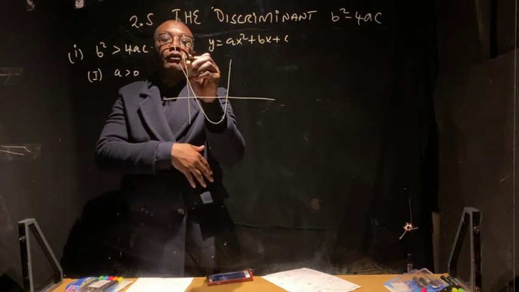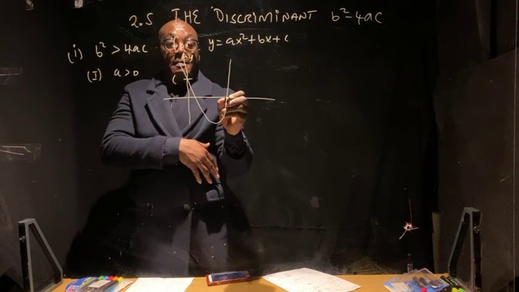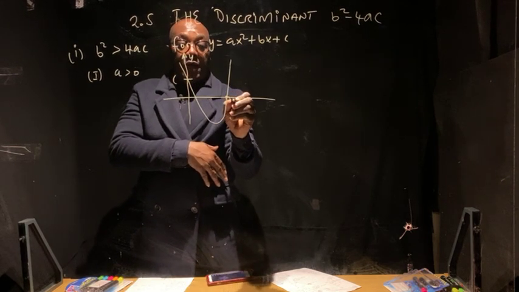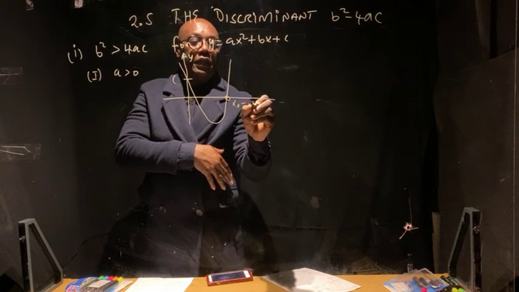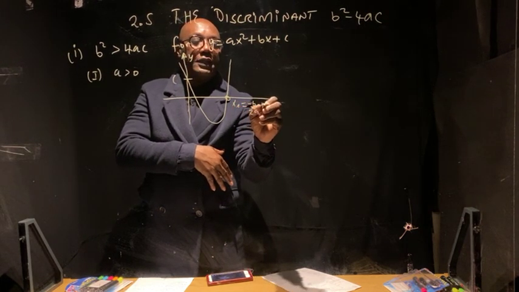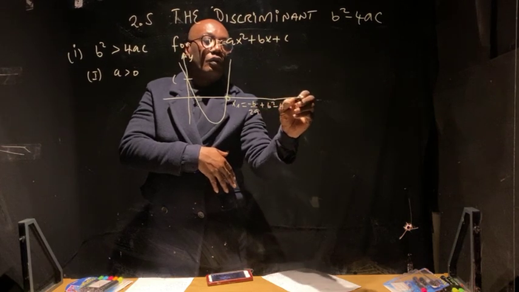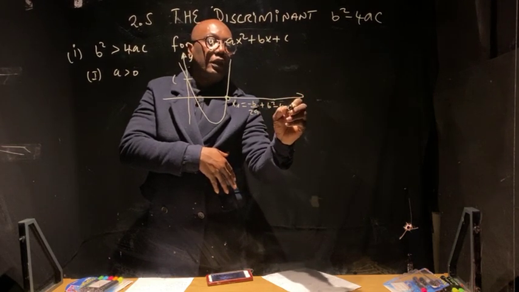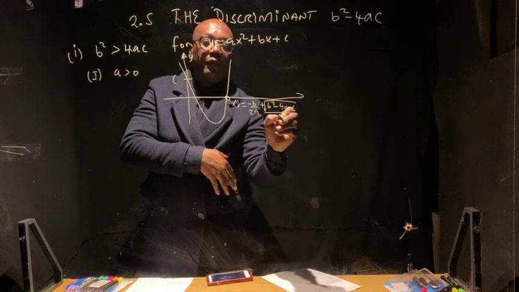This is the y-axis, and the c is this one. And x1 is negative b over 2a plus the root of b squared minus 4ac, all over 2a.